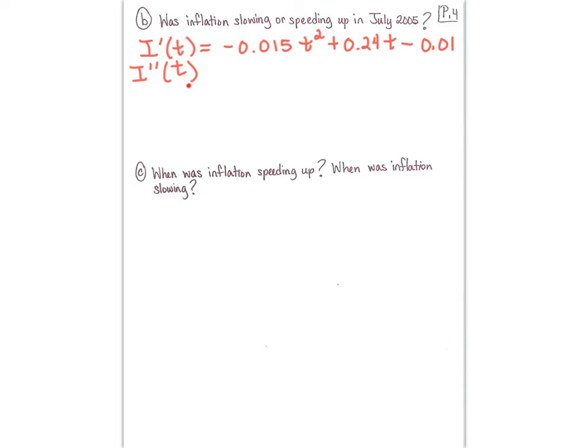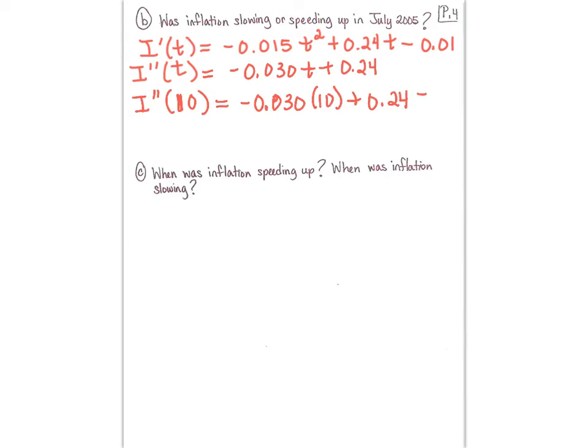So now we want to differentiate this function here. So I double prime of t, we differentiate this, we get negative 0.030t plus 0.24, and I double prime of 10, because we want to figure out what happened in July 2005. So I double prime of 10 would be equal to negative 0.030 times 10 plus 0.24, which is equal to negative 0.06.